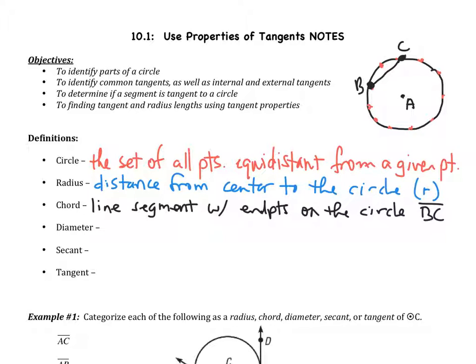All right, what about a diameter? What's the diameter, Charlie? It's like 2 radii put together, so it's 2r. It's the distance between 2 points on a circle, which goes through the center. So it is the distance across the circle, but as she said, it must pass through the center. A simple way of saying this, it is a chord, because a chord is a line with endpoints on the circle, that passes through the center.